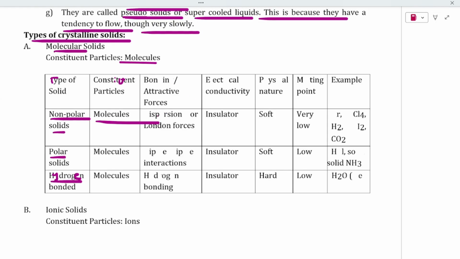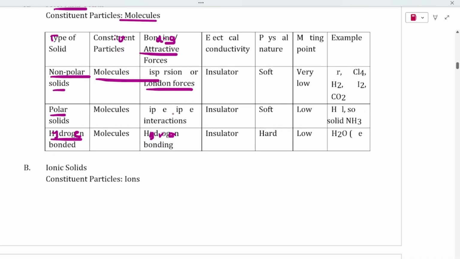Next, the bonding or attractive forces: London forces, hydrogen bonding, and peptide bond.